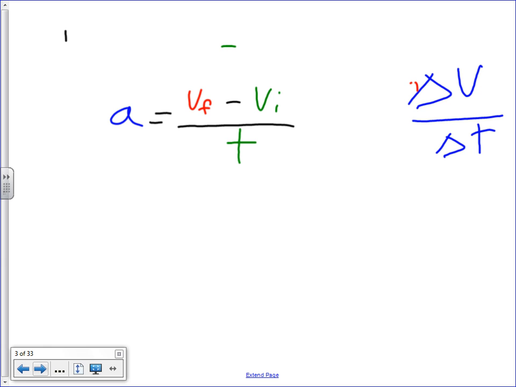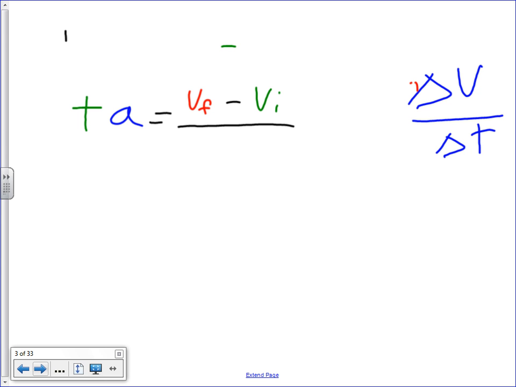So the first thing I need to do then is move t back over to here. So now I have t times a equals VF minus VI. Now, how do I get VF by itself? How do I move VI to the other side?